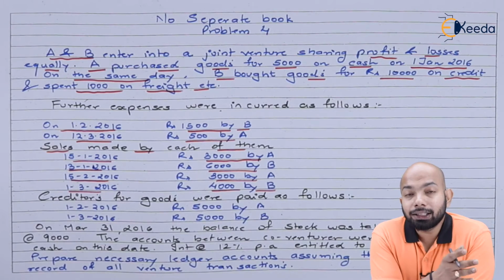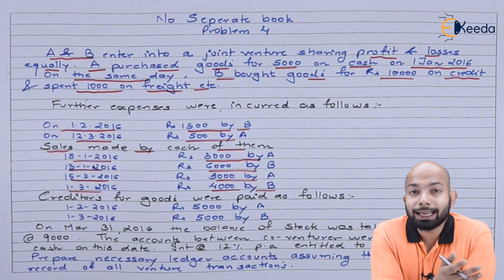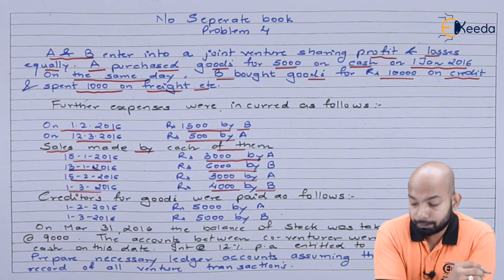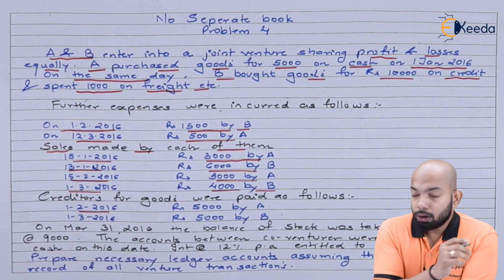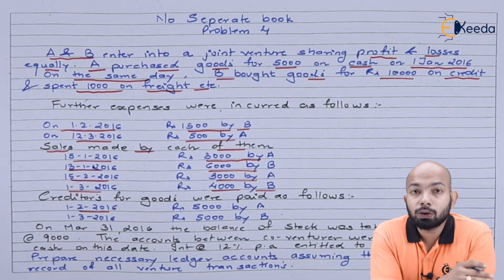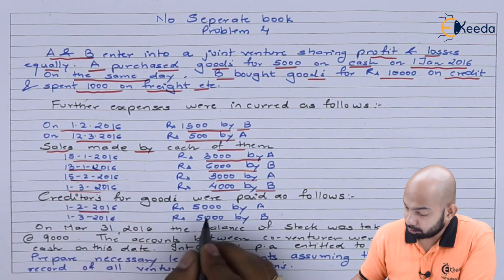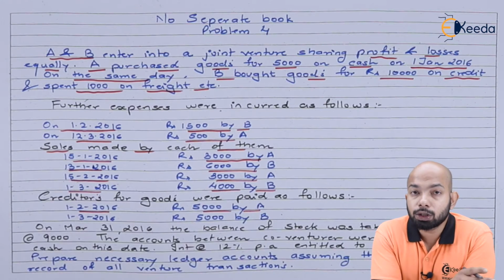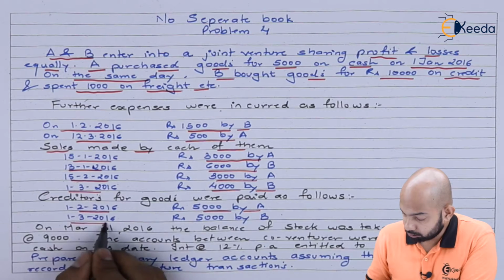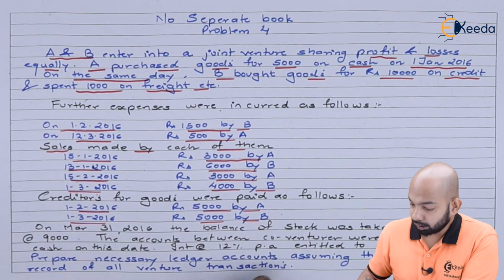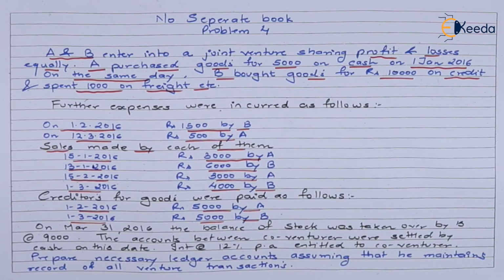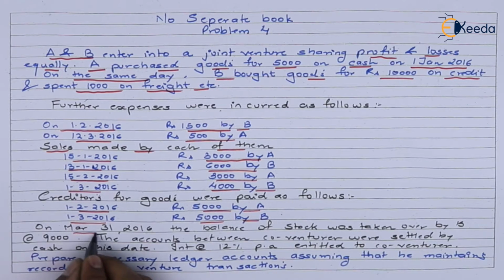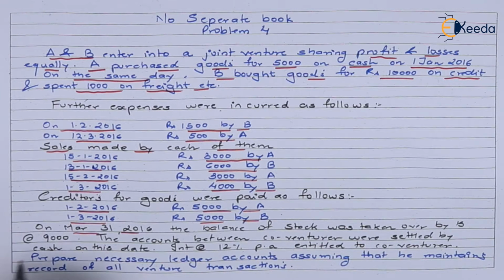Now, the creditors for goods were also paid by A and B. Let's look at how they paid them. On 1st of Feb, 5,000 was paid by A, and on 1st of March, 5,000 was paid by B. Now, on 31st of March 2016, the balance of goods was taken over by B at the rate of 9,000.